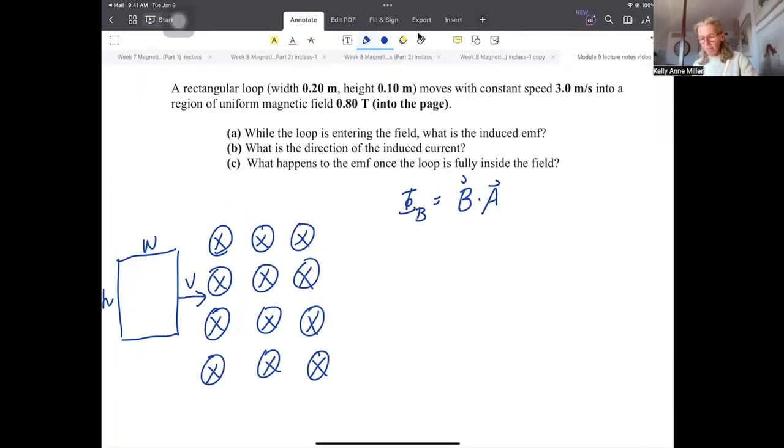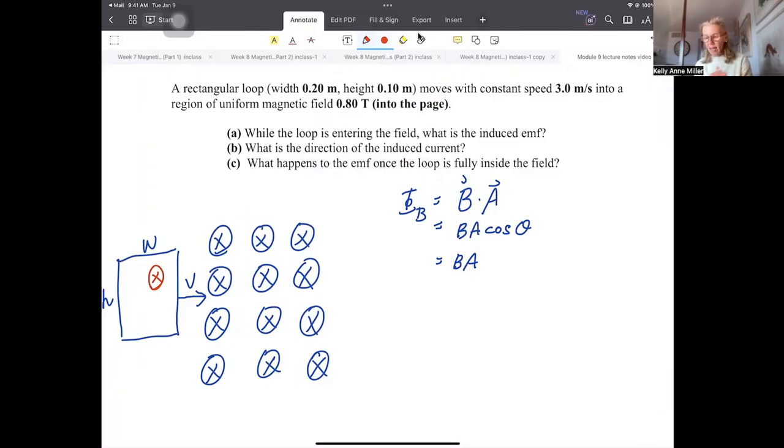So this equals BA cosine theta. Cosine theta, we're going to assume is 0, right? So this just goes to BA, because we're going to point our area vector in the exact same direction as the field. So there's 0 degrees between the two of them, so that's 1 when you take the cosine.